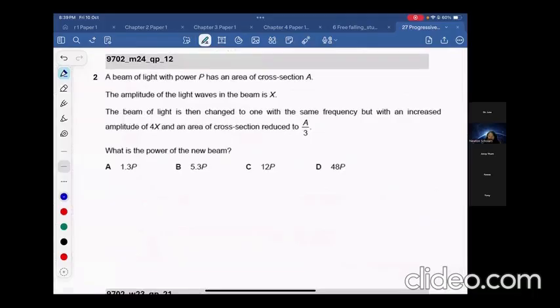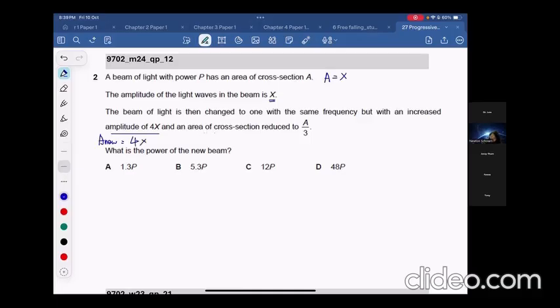Okay, a beam of light with power P has an area of cross-section A. The amplitude is x. The beam of light is then changed to one with the same frequency, but the new amplitude becomes 4x. Initially, the amplitude is x. Now, the new amplitude becomes 4x.